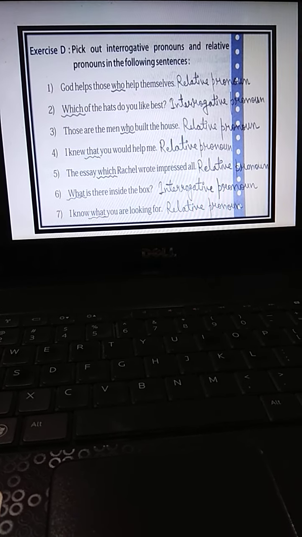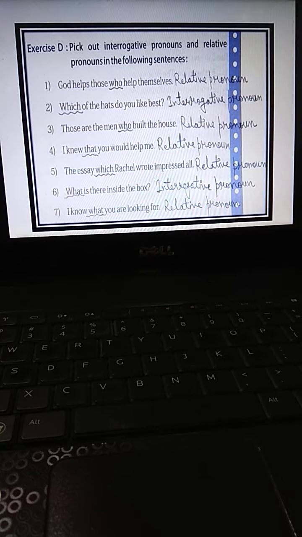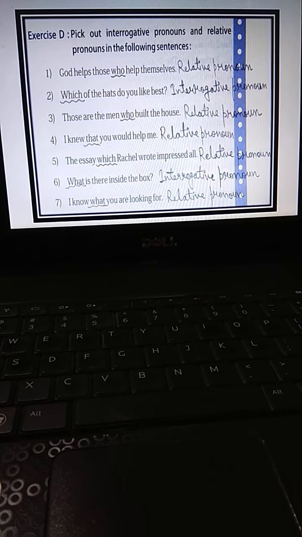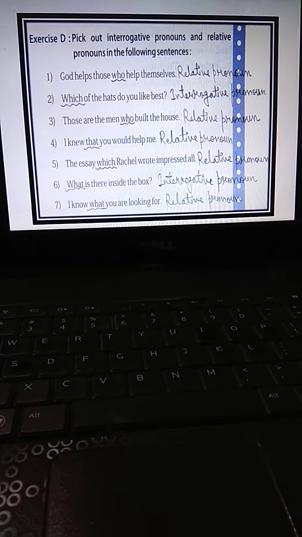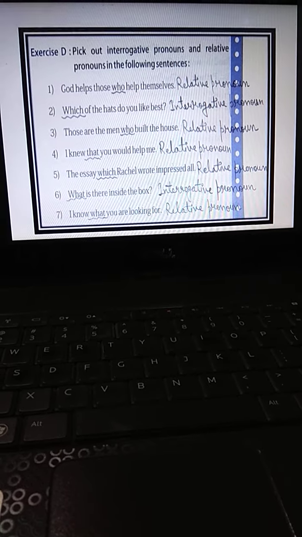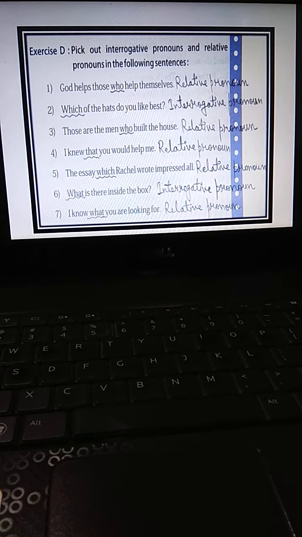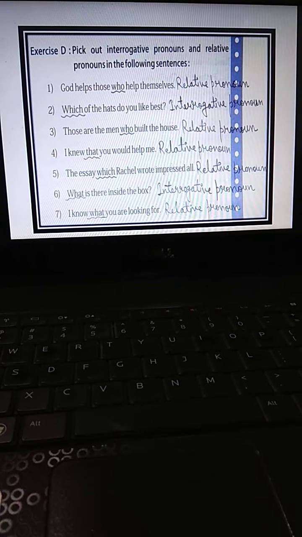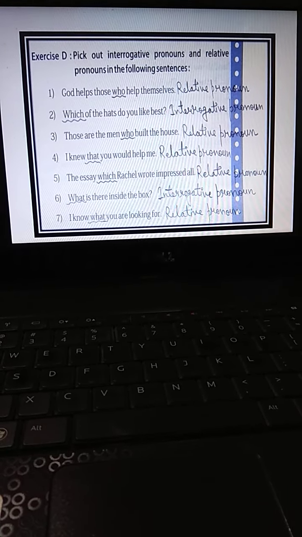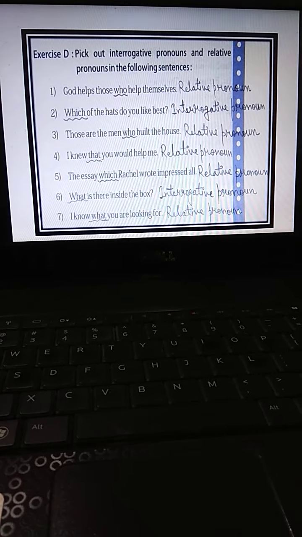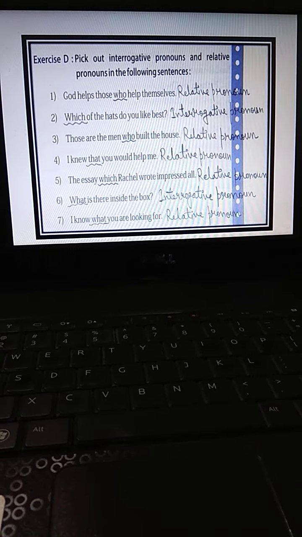God helps those who help themselves. So, in the first sentence, who is a relative pronoun. 2. Which of the hats do you like best? Which, interrogative pronoun.